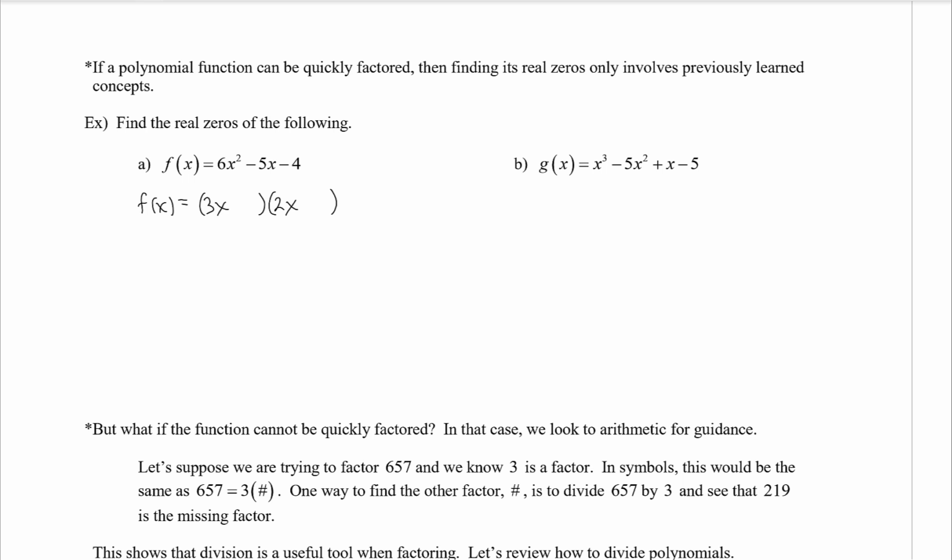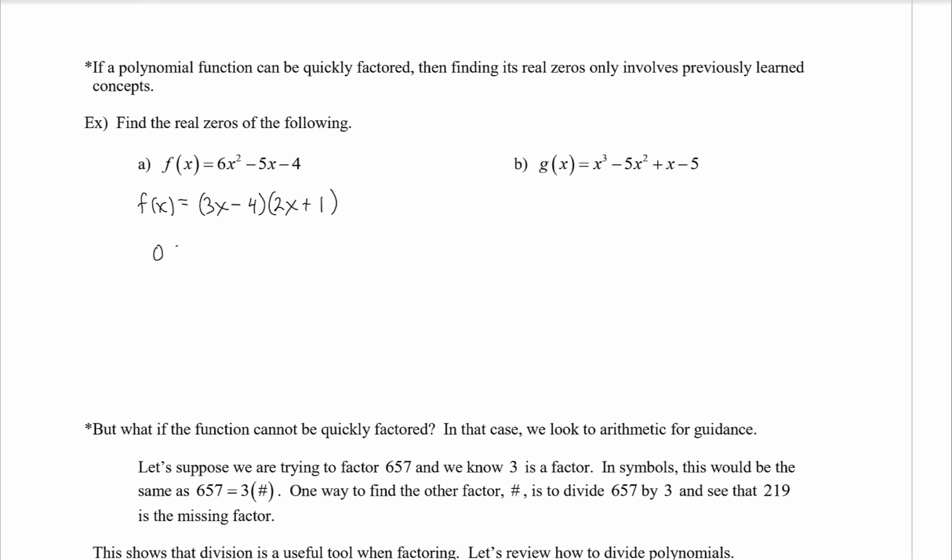And then factors of 4. If we do 4 and 1, that'd be 8 and 3. That could potentially give me a -5. So what if that was minus, and what if that was plus? So that'd be 6x squared, and then -8 plus 3 is -5, so that should work.